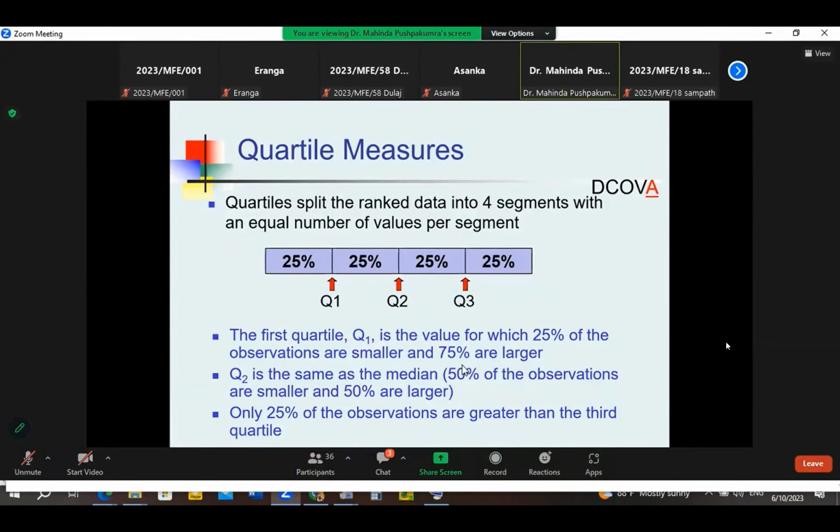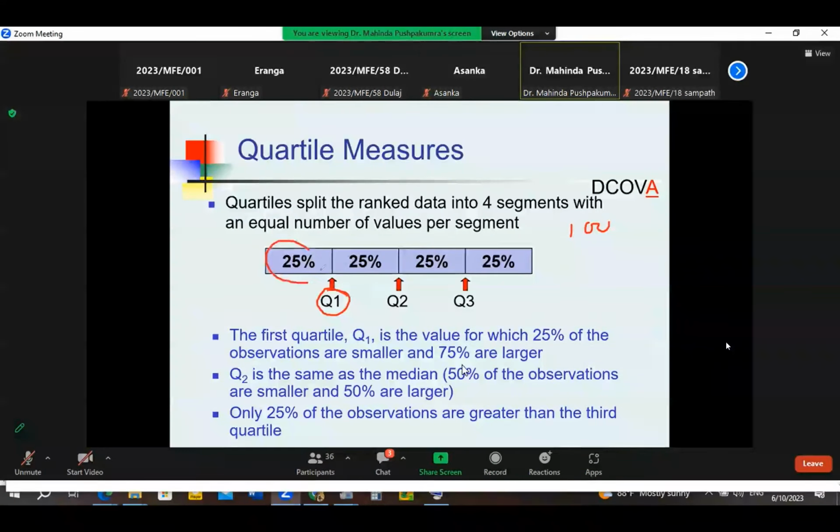Then the next concept is quartile. Quartiles split the ranked data into 4 segments with an equal number of values per segment. Let's say if you have 100 observations, you can identify Q1, the first quartile, where you have 25 observations below this value.